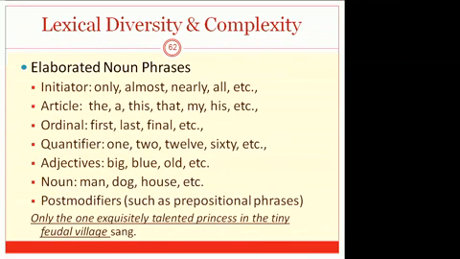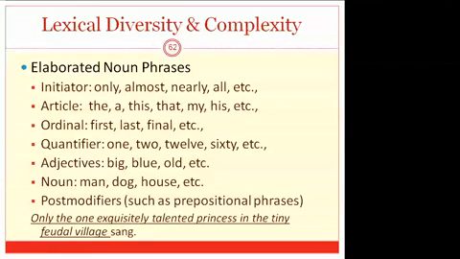Another place to look for instances of more sophisticated vocabulary or word choices would be in those elaborated noun phrases. When students are creating elaborated noun phrases, there are many different ways in which they can elaborate them. I have listed in front of you the elements of noun phrases: initiators, articles, ordinals, quantifiers, adjectives, nouns, and post modifiers.